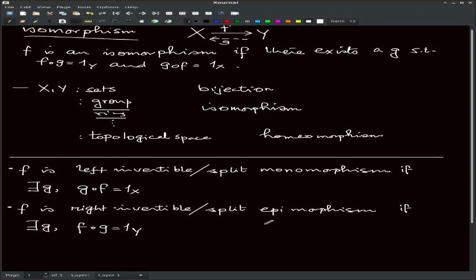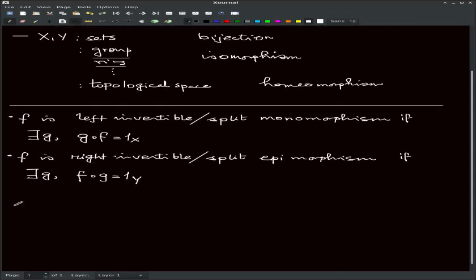Now, F is a monomorphism if it is left cancelable. What does it mean?